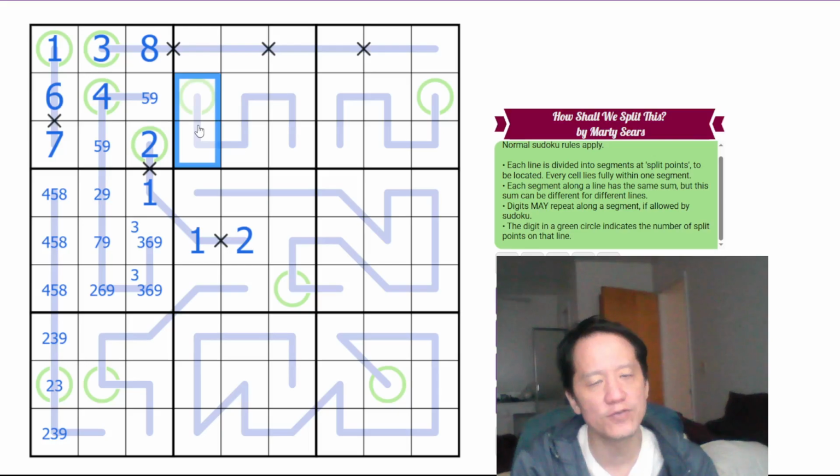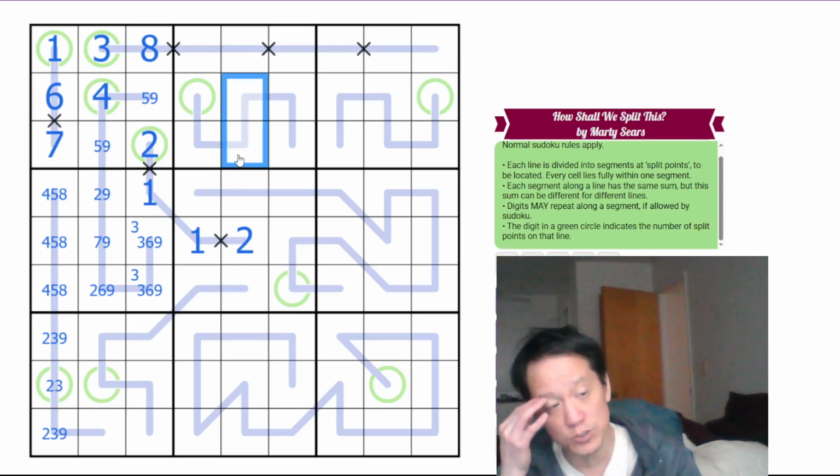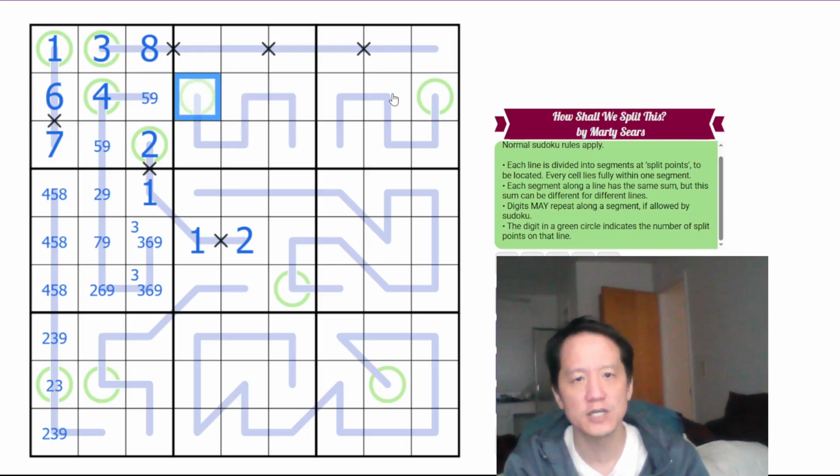If you try to have 3, how do you divide that up? You have to split into 2 and 2, and then you have to split into 2 digits, which have to be 2 segments, which are 1 cell each, which means they add up to each other. So this has to be 1 or 2.